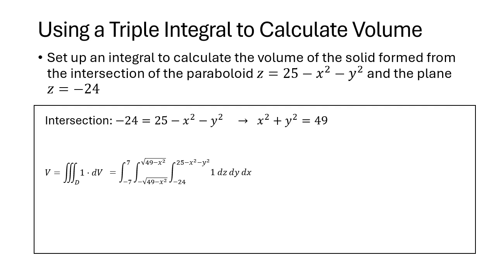In this case, dz is the innermost integral. That means that the middle integral must not include z. And similar to double integrals, the outer integral must only include numbers. And this is a summary of how to use triple integrals to calculate volume.